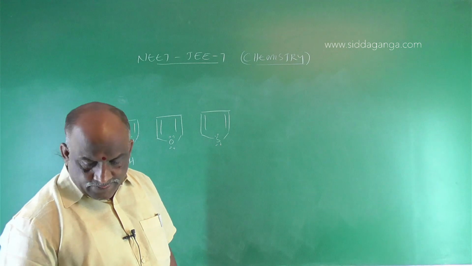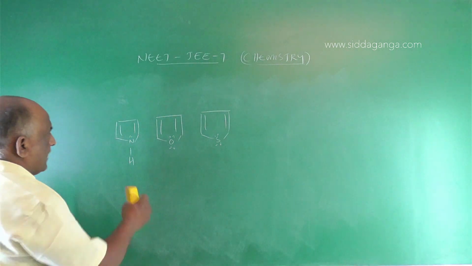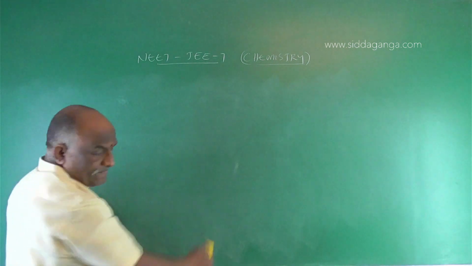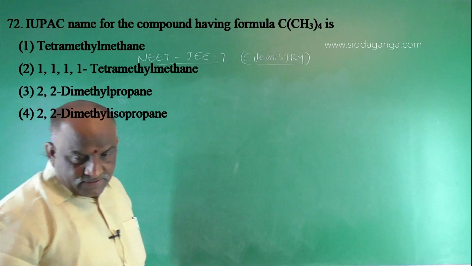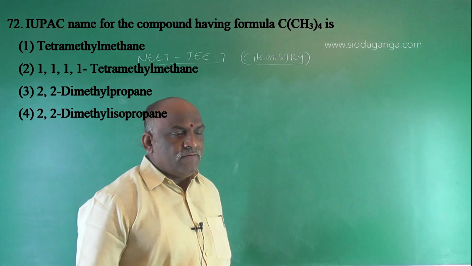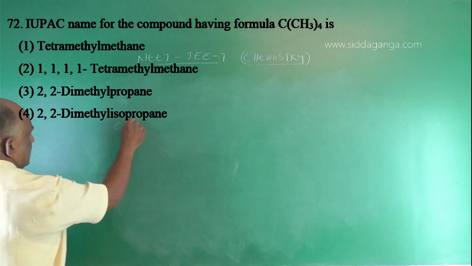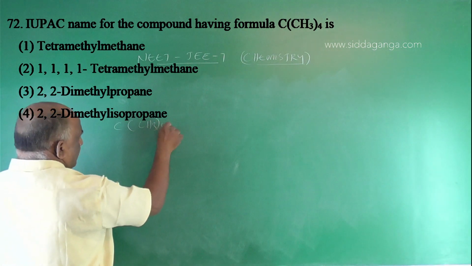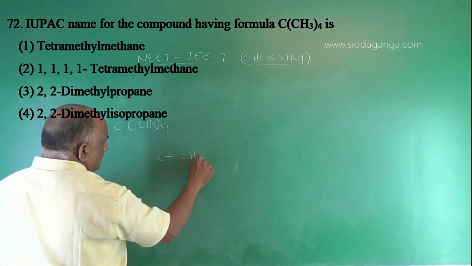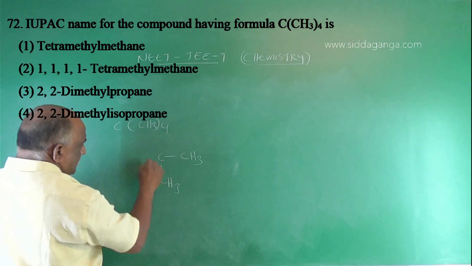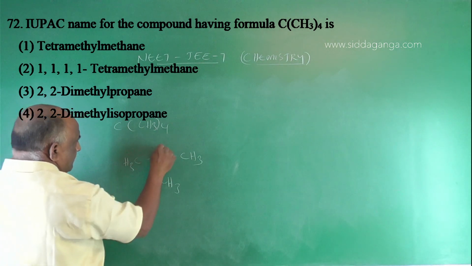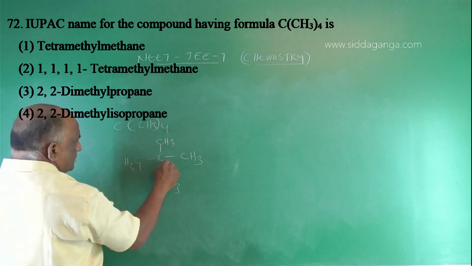Next question, IUPAC. See that IUPAC name of the compound having formula. What is the formula? C(CH3)4. You should go with it like this. You can expand that: CH3, CH3 and CH3, CH3. You give numbers 1, 2, 3.